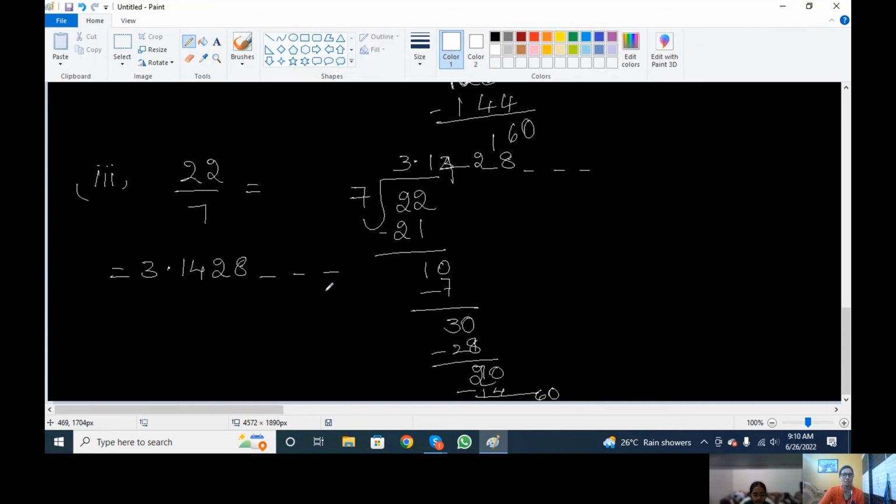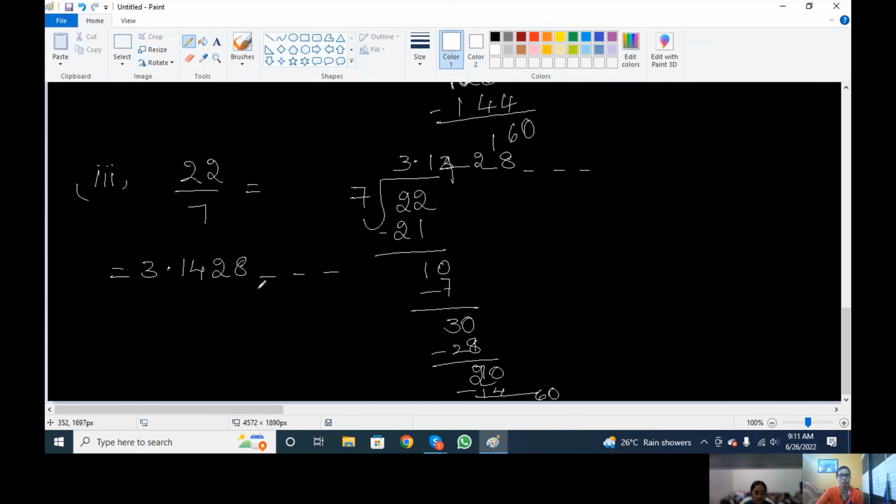Terminating means we will have a fixed value after dividing the number, not continuous like that. Somewhere the division ends. But here we are still getting decimals, there is no end for this. So this is called non-terminating. Terminating means ending.